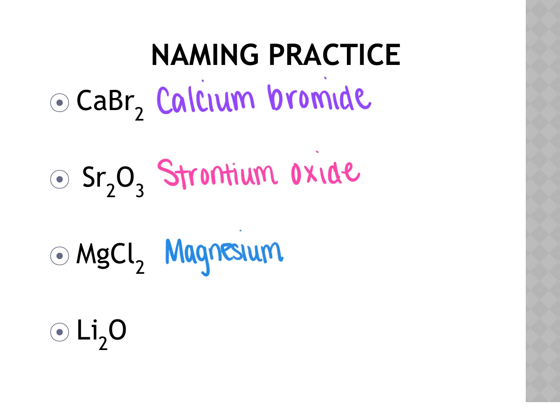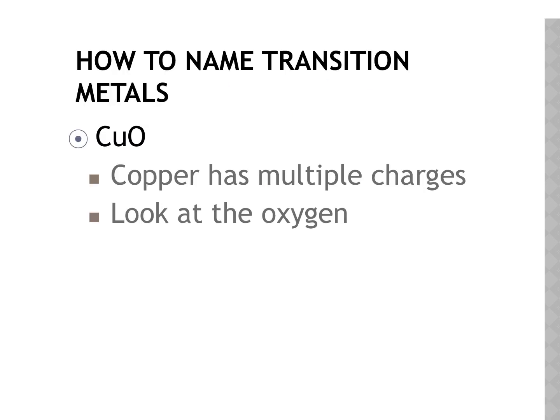And what's Cl? Chlorine, except what are we going to call it? Chloride. Okay, can you try the last one on your own? All right, what do we call Li2O? Good. Lithium oxide? Are we feeling okay? Okay, so those were our simple ones.